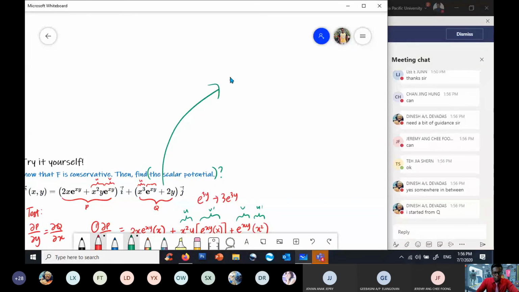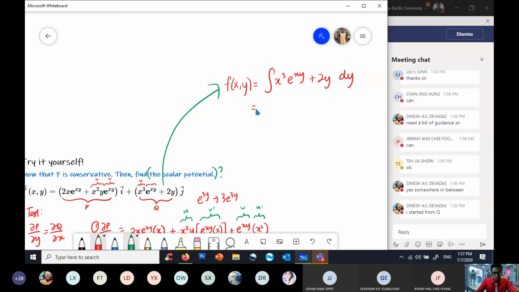So when I start from Q, it means that my scalar potential is what I get when I integrate Q, x squared e^(xy) plus 2y, with respect to y. You integrate P with respect to x, you integrate Q with respect to y.